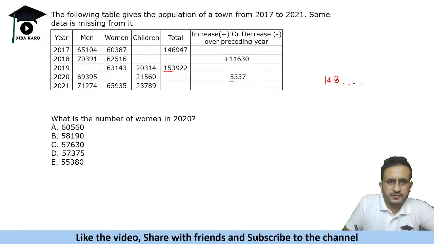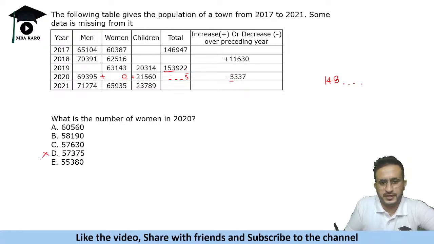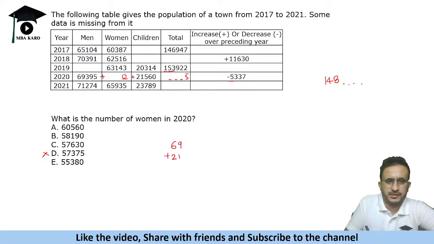Okay. And now, if you look at the last digit, 2 minus 7, the last digit is 5. This plus this should give you the last digit 5. So last digit is going to be 0 here. We know option D cannot be the answer. Now this is 69 plus 21, and if we see 400 plus 600, upon approximately increasing, it's 91,000.